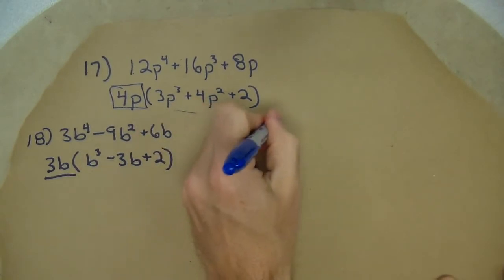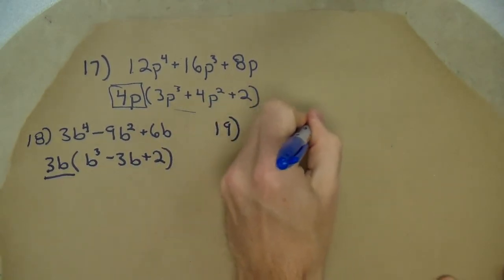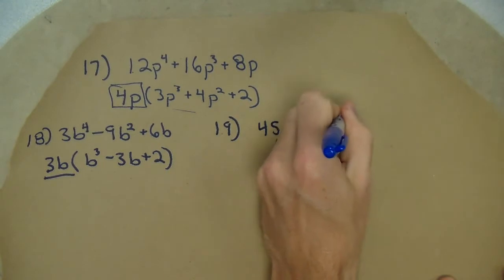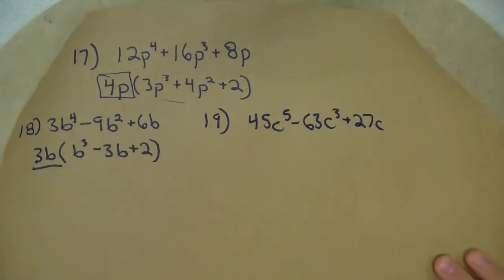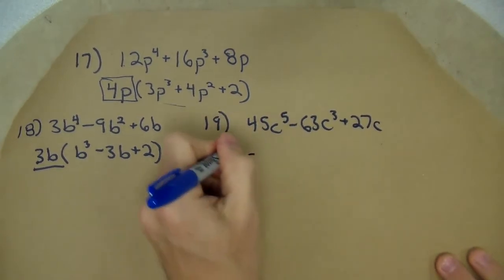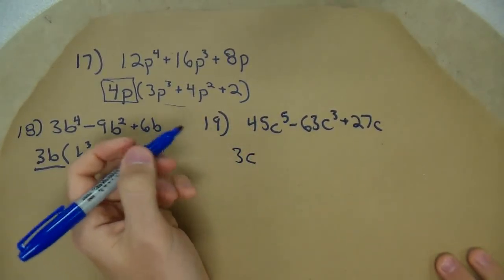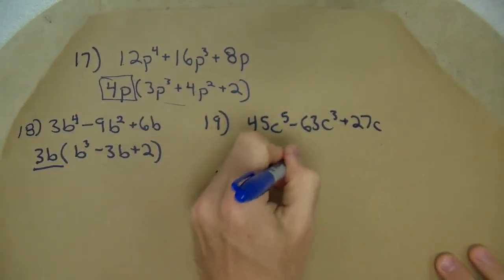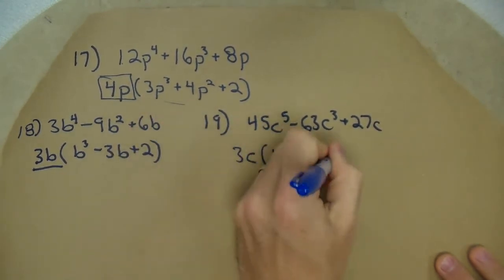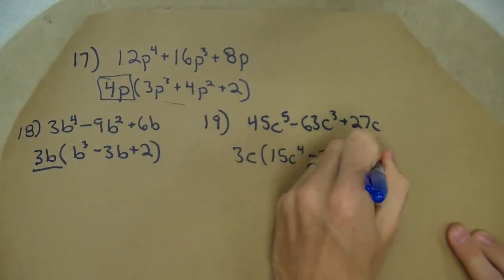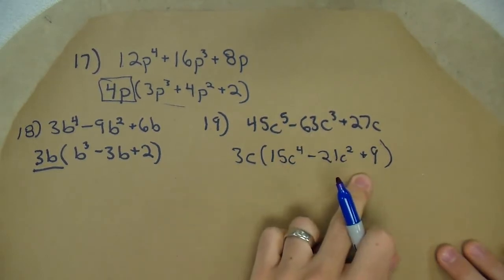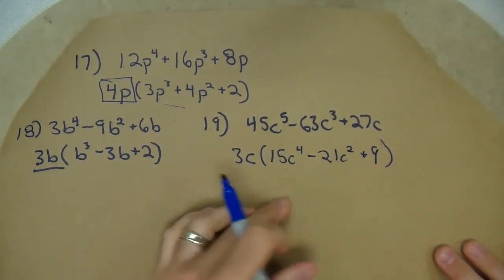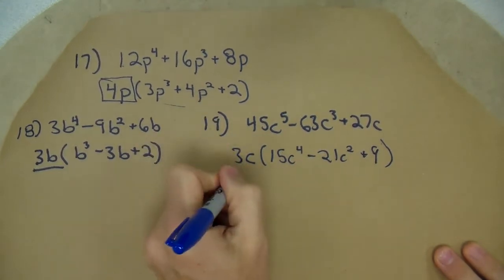19, we're going to go 45c to the fifth minus 63c to the third plus 27c. We look at common factors of those. Maybe I look at it first and I see, well, I can take out a 3c from all of them. Well, that's going to leave me with this, 15c to the fourth minus 21c plus 9. Now, you have to go back and make sure you got everything out because this is still divisible by 3.